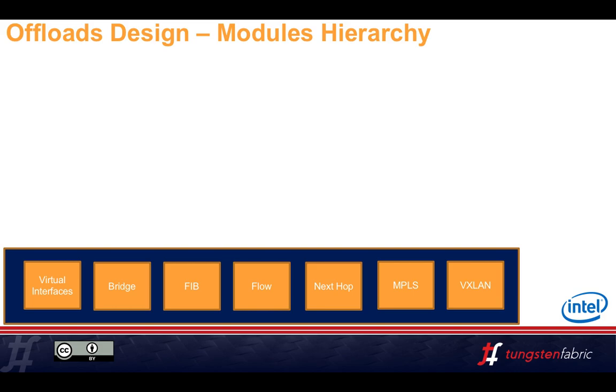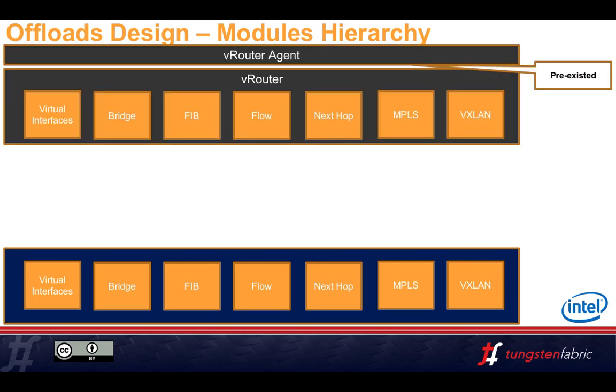So if we're looking at the modules hierarchy, at the bottom I have the hardware. This is the NIC, which has the same tables as the vRouter, or a subset of those tables. At the top, we have the vRouter with the agent.